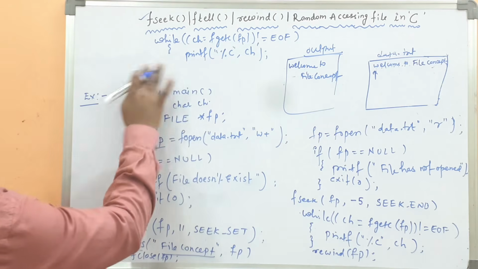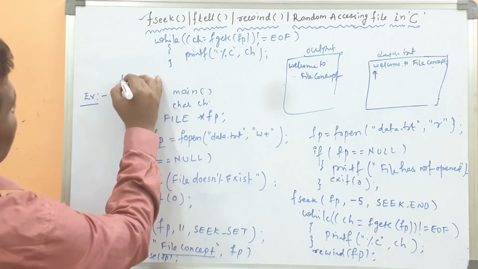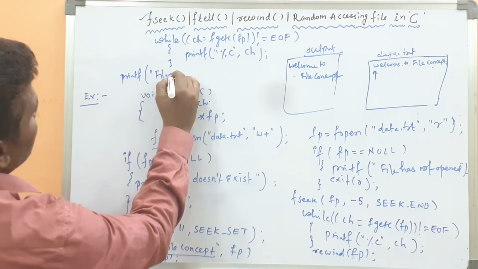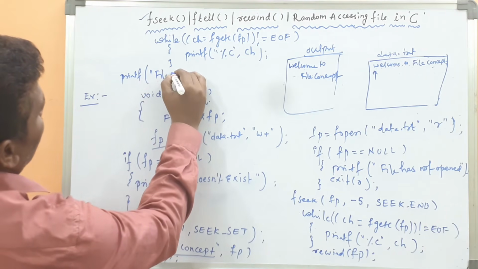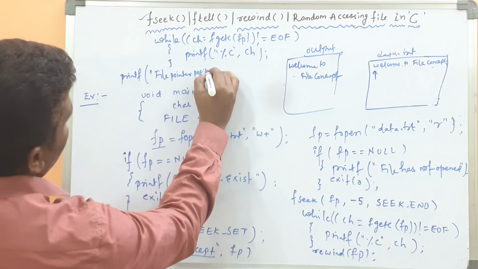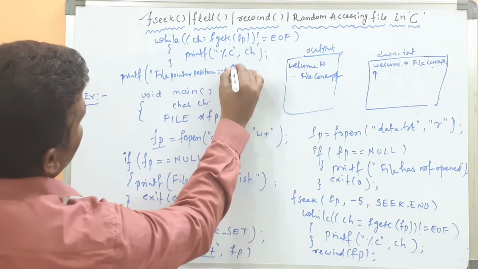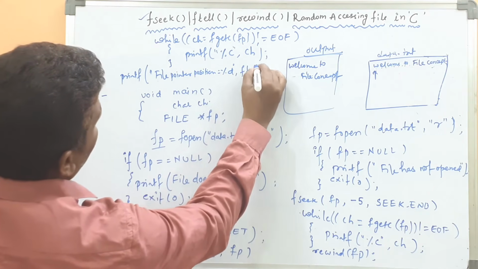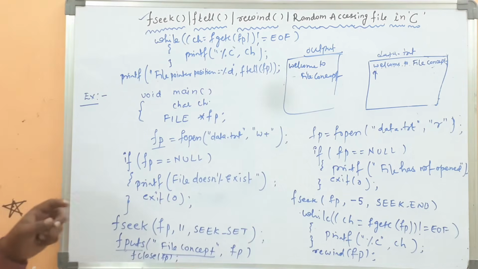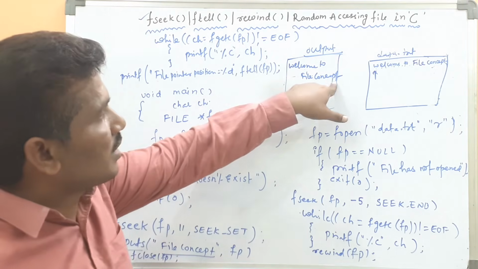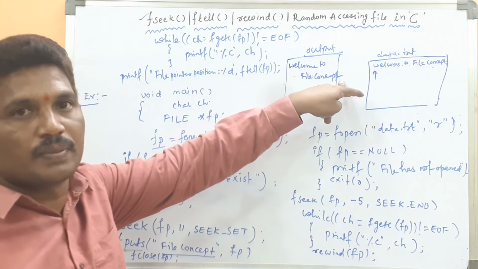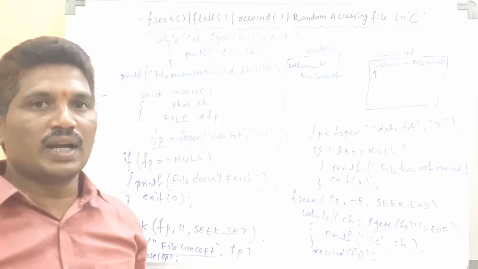Okay, then I want to print another one: printf file pointer position equal %d, then ftell of file pointer. Once everything has been displayed, the file pointer will be at the last position, because it has reached the end of the file.